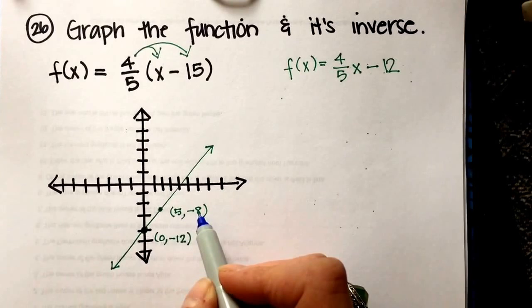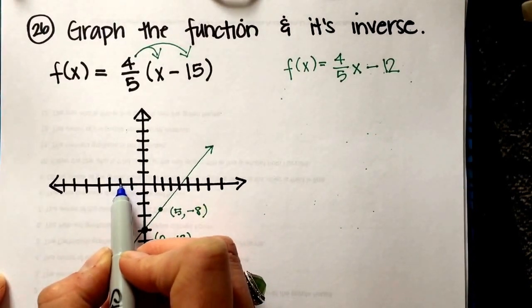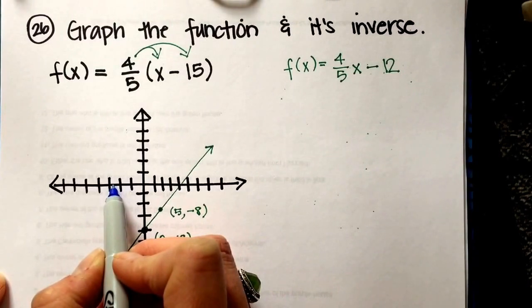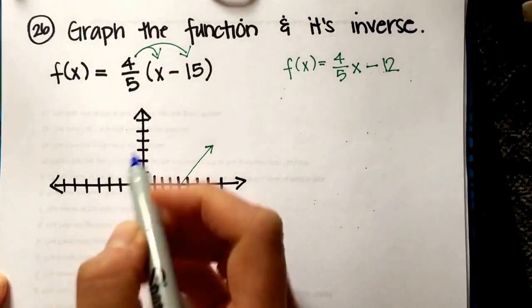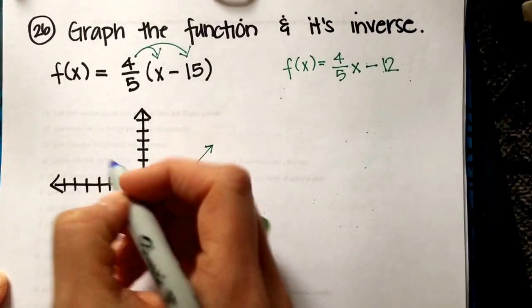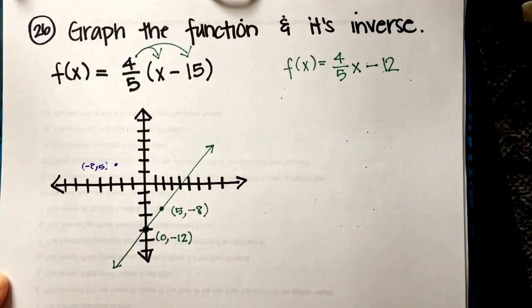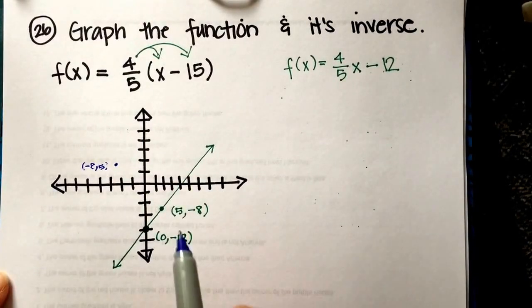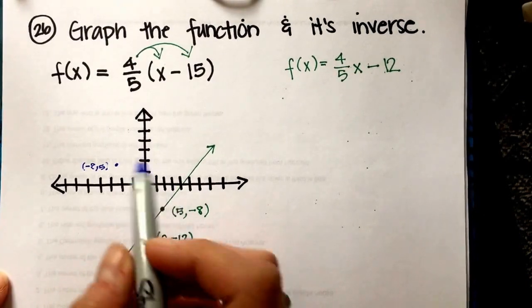The x and the y coordinates trade places. So 3, 6, negative 8 would be about right there, and then 3, 5. Instead of 0, negative 12, I'm going to flip, so it's negative 12, 0.